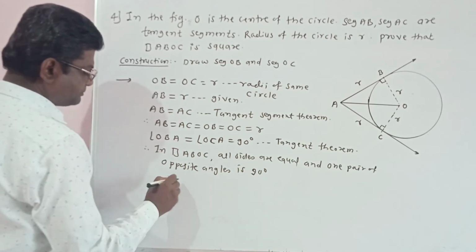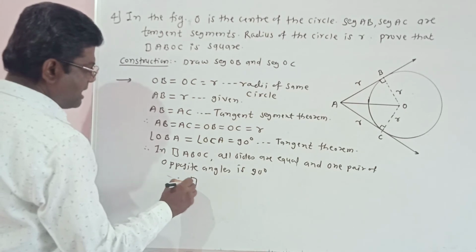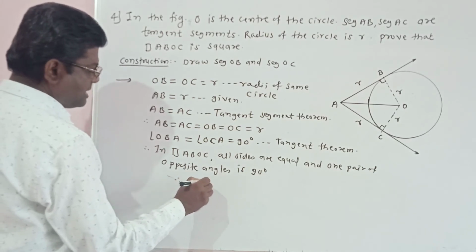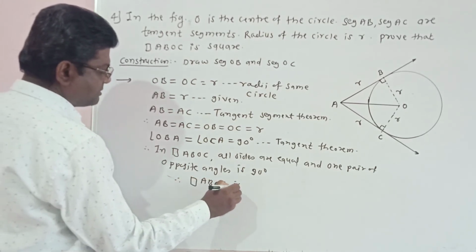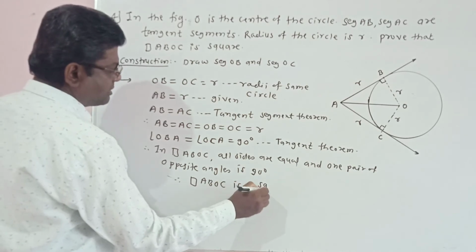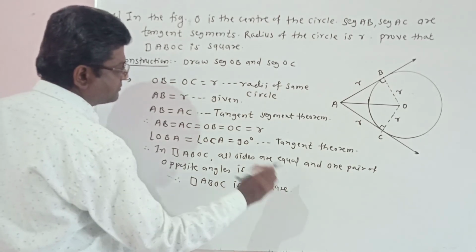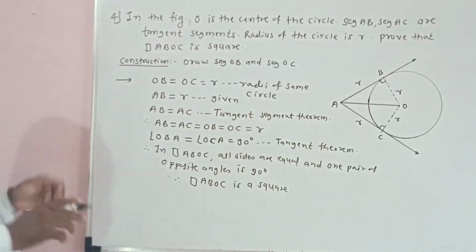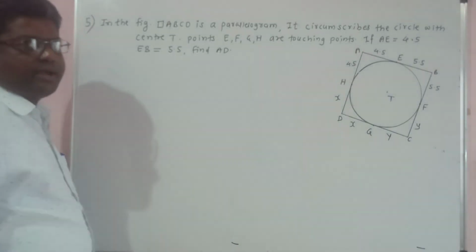Therefore, quadrilateral ABOC is a square. This is proved.